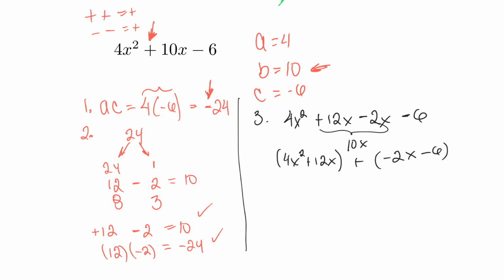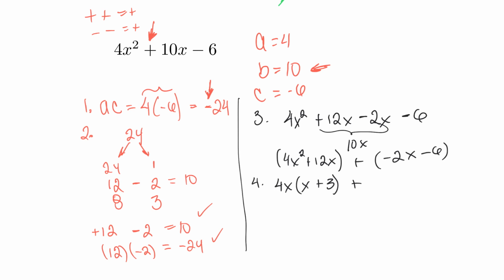Okay, now the next step is to take the greatest common factor. We look at the first term. We have 4x squared plus 12x. What is the common term here? The common term is 4x. Then 4x has to be multiplied times x to get 4x squared, and multiplied by 3 to get 12x.